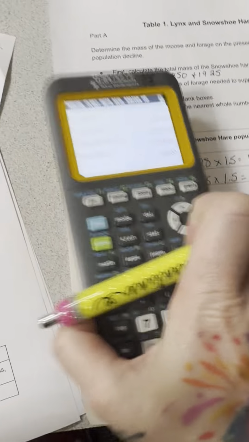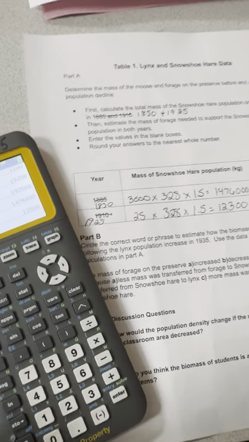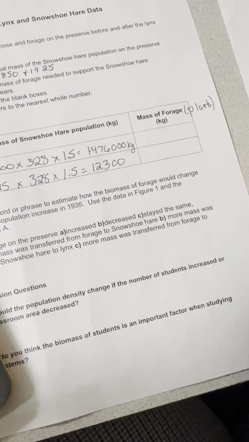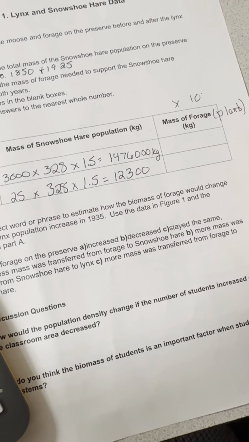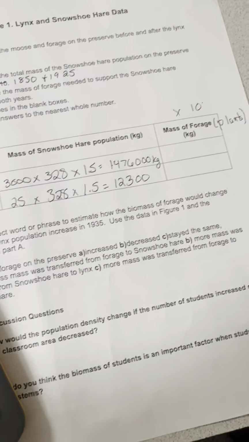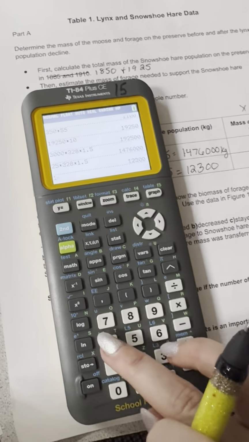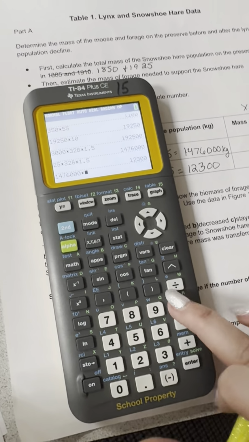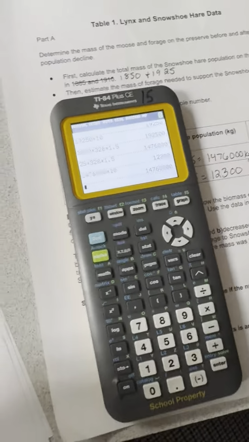And then to figure out the mass of the forage, the second part, the forage is plants. To figure this out, I times by 10. So essentially, it's adding a 0. So we have 1,476,000 times 10.